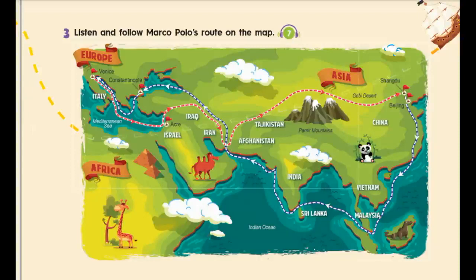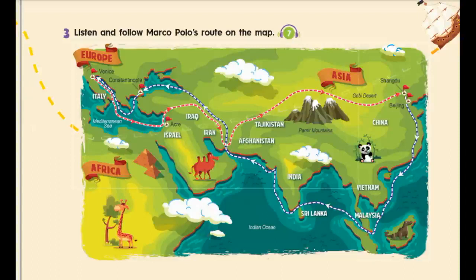It took them almost 4 years to get from Italy to China. After staying in China for 17 years, they finally decided to go back home. On their return journey by sea across the Indian Ocean, they passed through Vietnam, Malaysia, Sri Lanka, India, and Iran one more time. Then they reached Constantinople and, in 1295, 2 years after leaving China, the Polos finally made it back to Venice. After 24 years away, the Polos could hardly speak Italian, and their relatives had difficulty recognizing them.